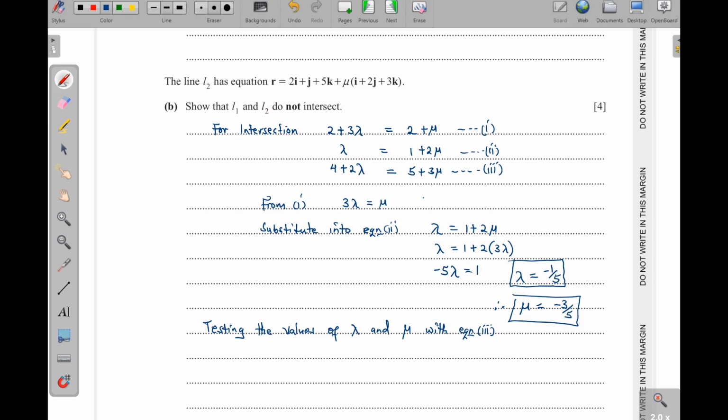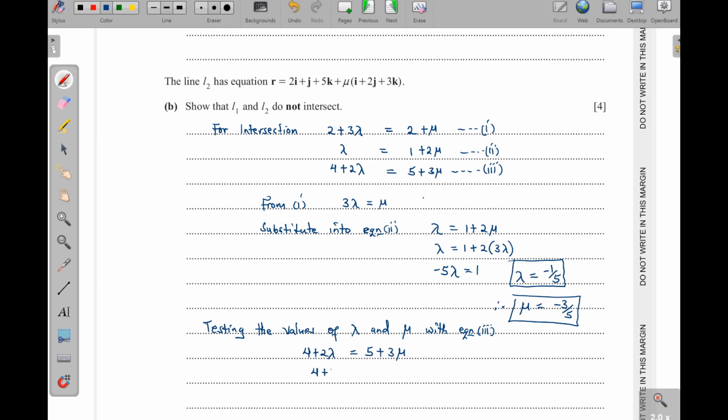Now, we have 4 plus 2 lambda. If the value we get here is the same as the one we get here after substitution, that means the 2 lines intersect. Actually, they can't give you such a question that prove that L1 and L2 intersect. If the 2 intersect, they always ask for the position vector of the point of intersection. You see that? So this one is equal to 5, then plus 3 mu.